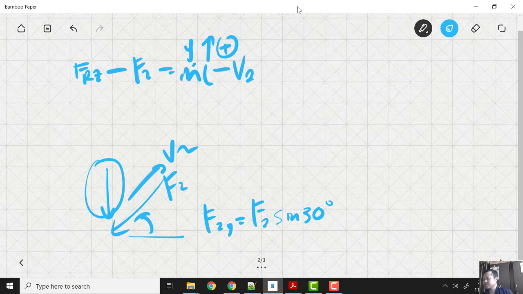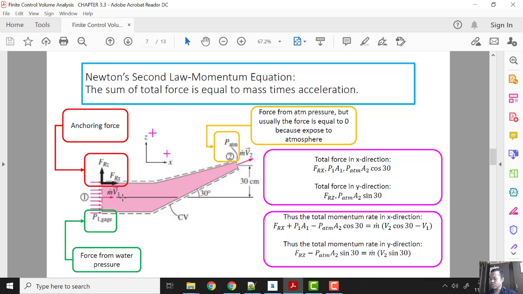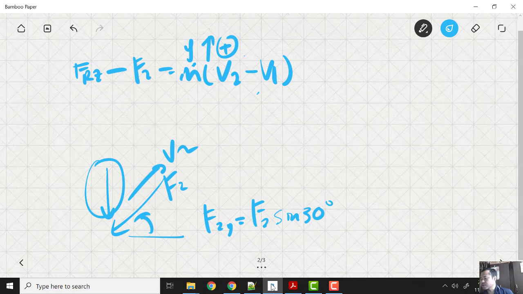Sorry, this is not minus. It is V2 minus V1. But since there is no V1 in Y direction, only in X direction, V1 in Y direction is equal to 0. So we have here the total force in X and Y direction.